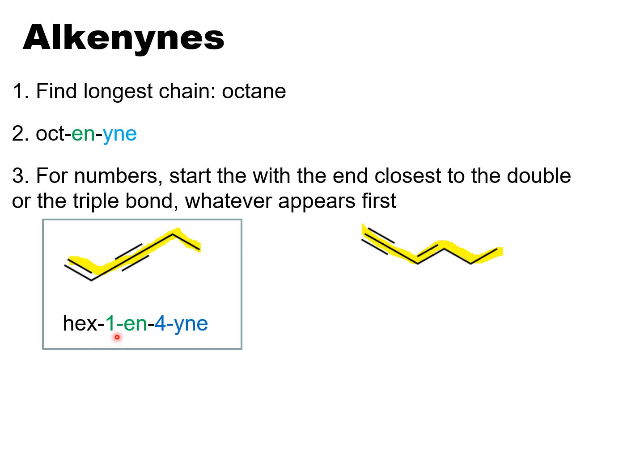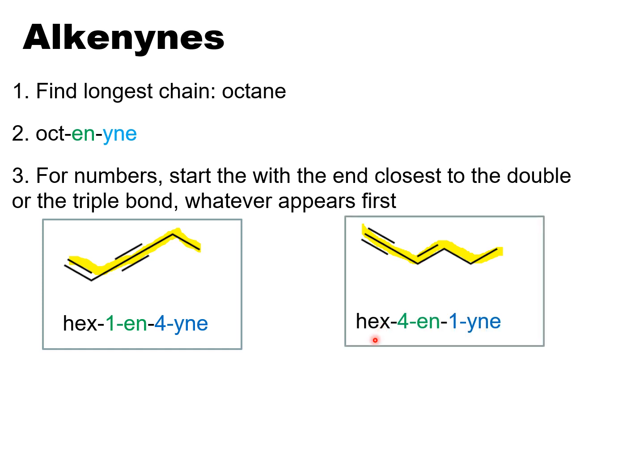So 1 is the number for the double bond, I want it close to "ene", and 4, the number for the triple bond, I want it close to "yne". Because here they are flipped, 1 is given to the terminal with the triple bond, and 4 ends up being the number for the double bond.